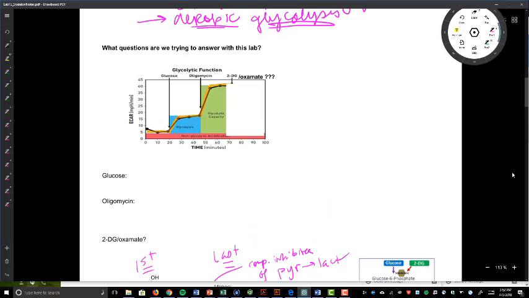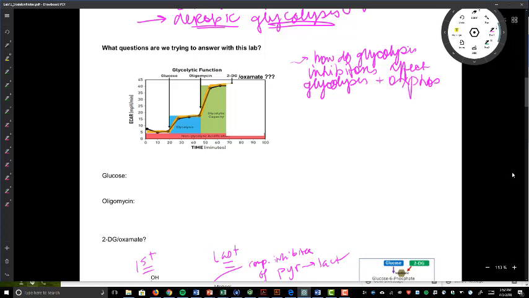So the questions we're interested in understanding is how do glycolysis inhibitors affect glycolysis and OXPHOS? In particular, guessing how inhibitors that inhibit certain enzymes along the glycolysis pathway affect glycolysis is probably fairly intuitive.